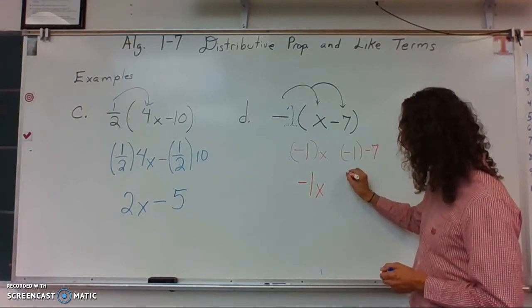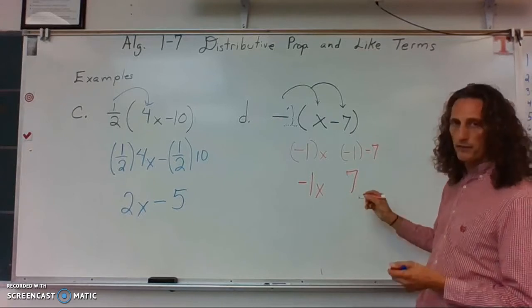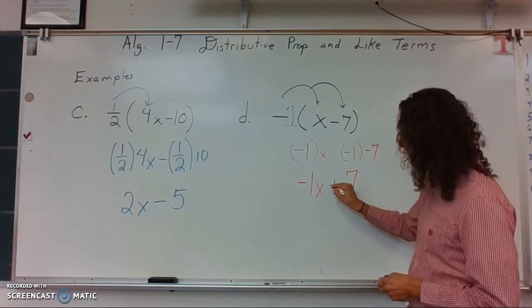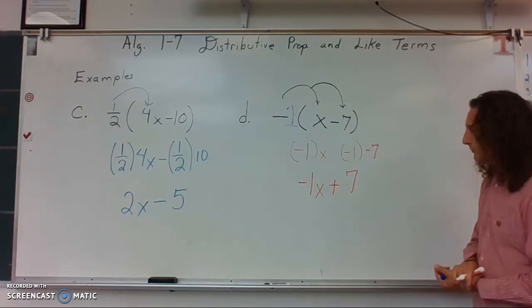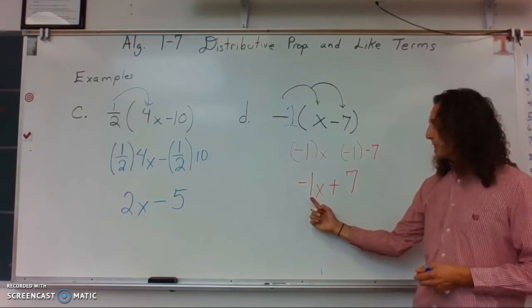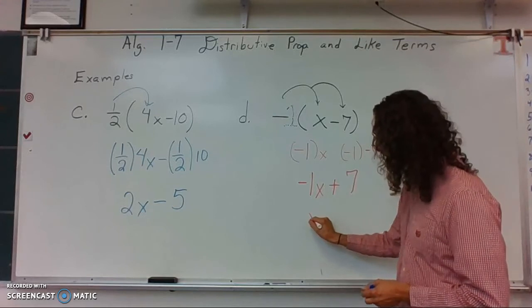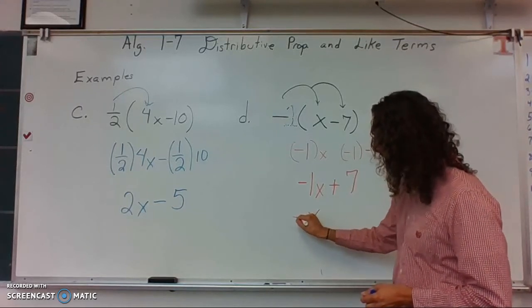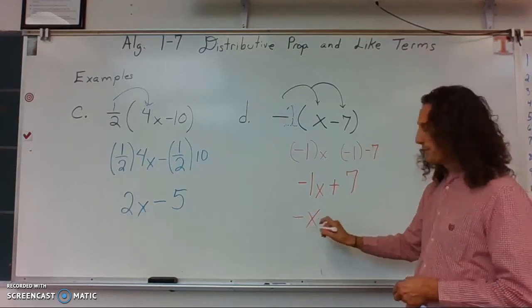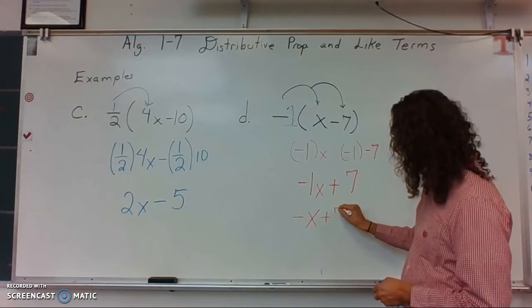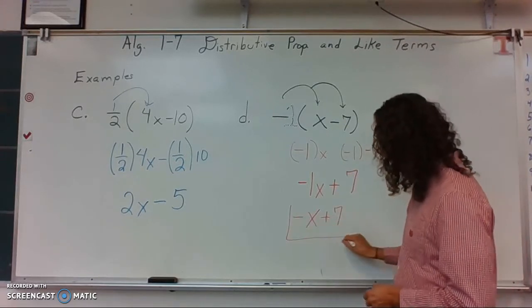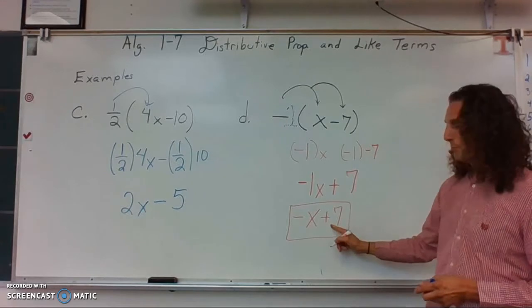So I drop down a +7, but how do I show it's positive? I'll put a plus sign in between. Now, again, a lot of times we don't show -1s. So I'm going to rewrite this ditching the 1, but I will keep my negative sign, +7. And this I would consider my final and best answer.